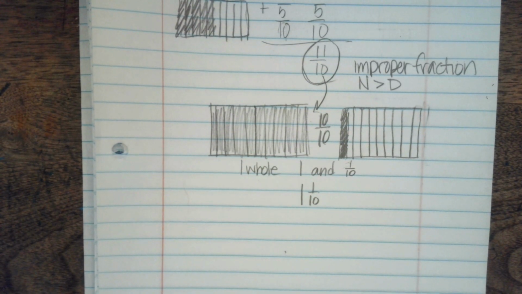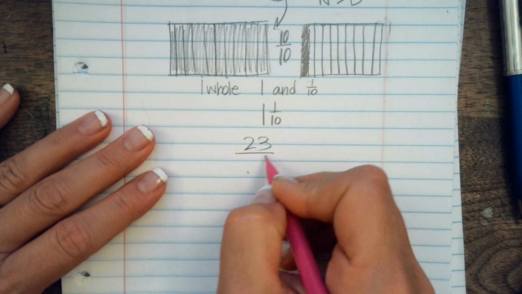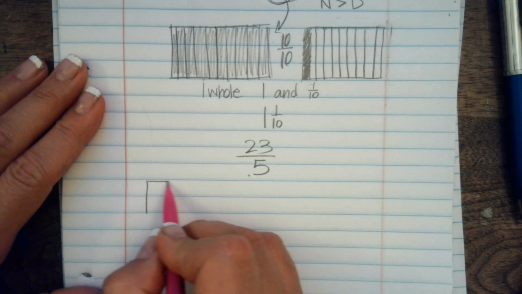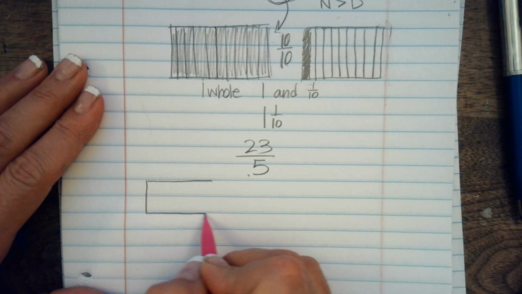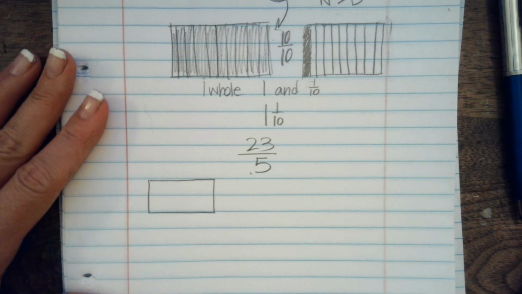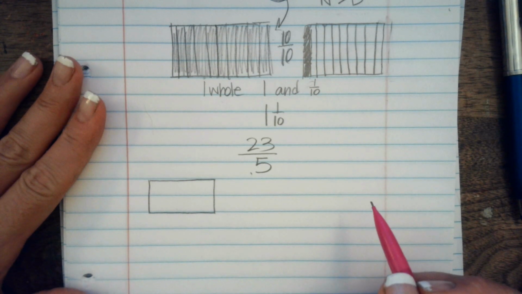It's pretty cool. Okay. Let's try a harder one. So if we had 23/5, how would I model that? How many would I split this box into? 5.